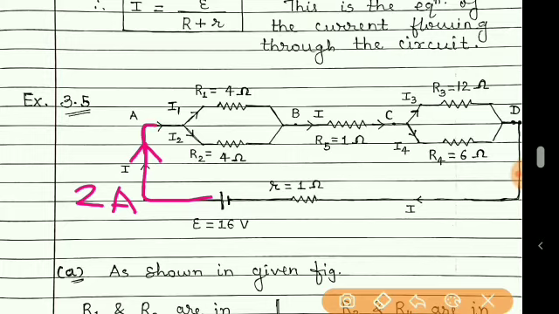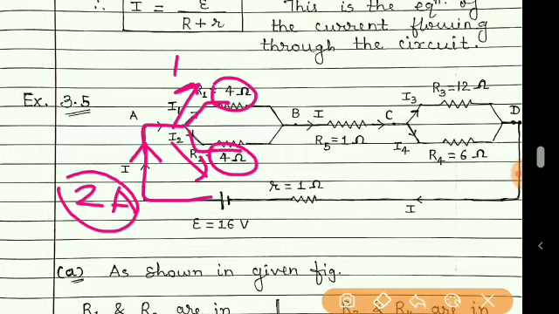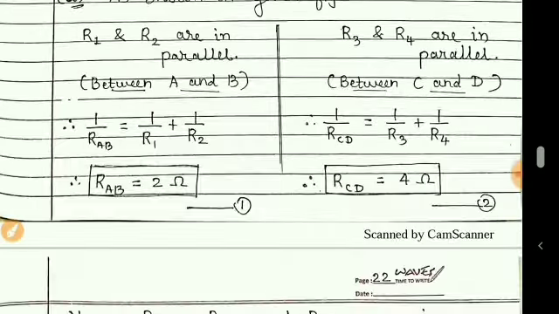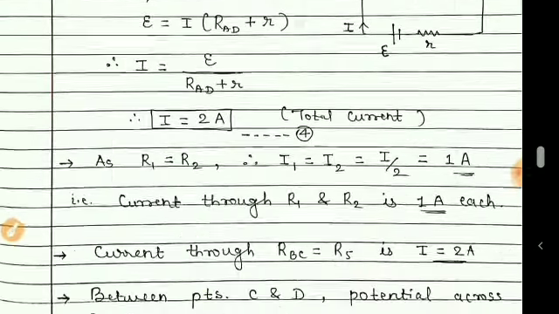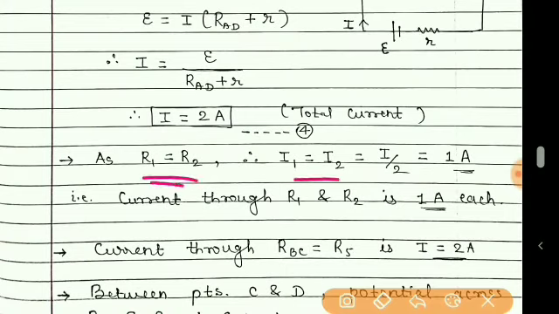Now this current gets divided into these two resistors, but here the values of resistors R1 and R2 are the same, and so the current will divide equally in both these branches, and so this 2 ampere will divide into 1 ampere in resistor R1 and 1 ampere in resistor R2. So current flowing through R1 and R2 will be equal, and that is half of the total current, which is 1 ampere.